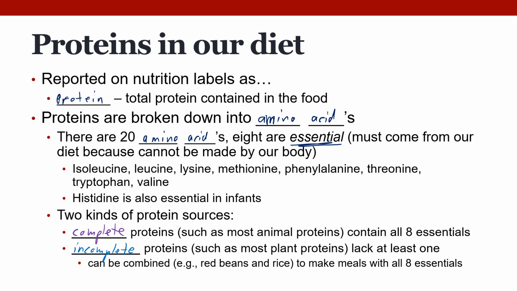So if you're a vegetarian, especially if you're a vegan, you need to be combining different protein sources. You can't just eat tofu and expect that to provide all of your essential amino acids. Our Cajun ancestors must have known this intuitively because there are certain recipes like red beans and rice that when you combine rice protein and bean protein, they overlap just the right way to make a complete protein source.